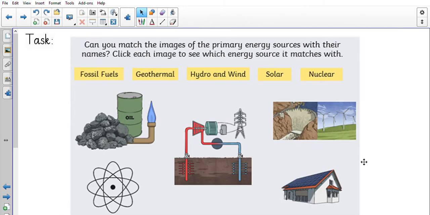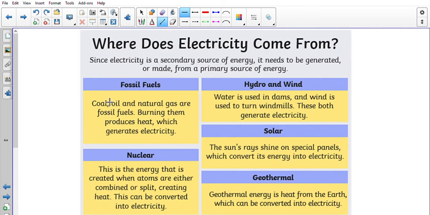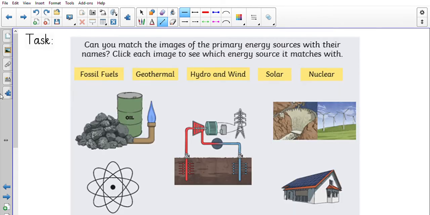Now let's use what we have already learned. So fossil fuels, if we go back, remember it told us about coal and oil. So let's see if we can spot this on the pictures. Okay, so fossil fuels are here. Solar, what did we talk about solar? I said they may be on people's houses, solar panels. Okay, so here.